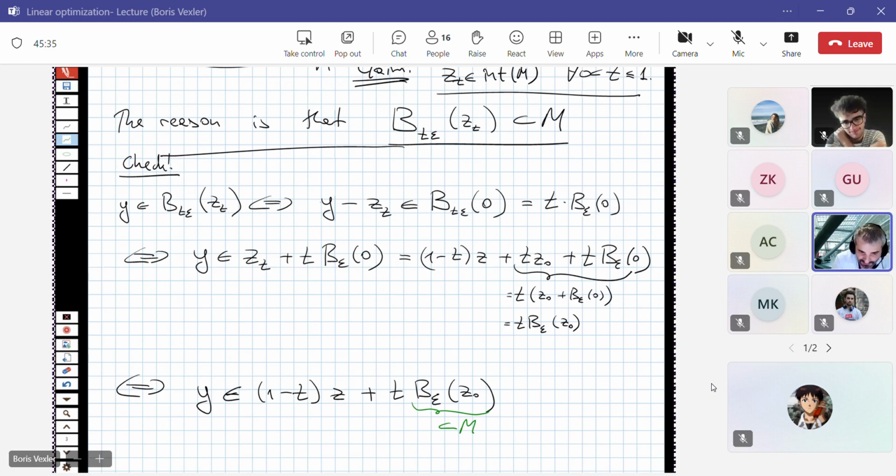Therefore, what does it mean that y is an element of this plus this?